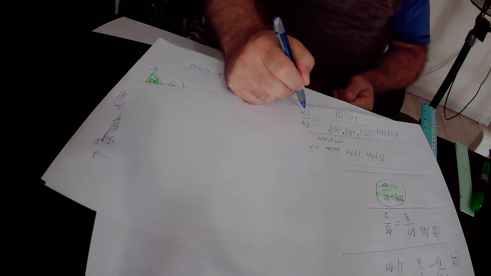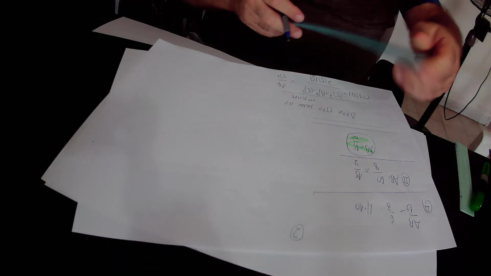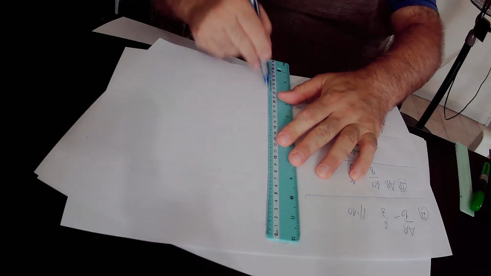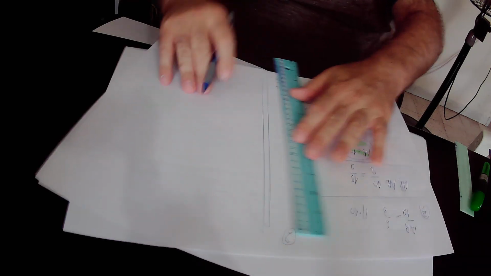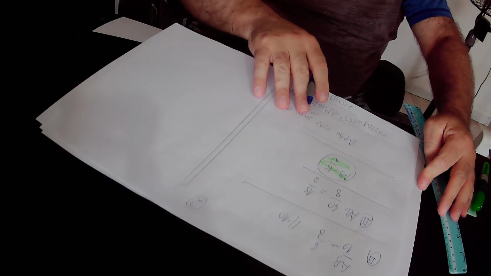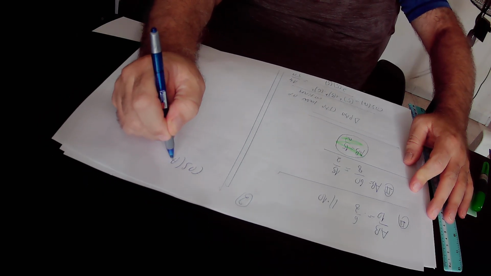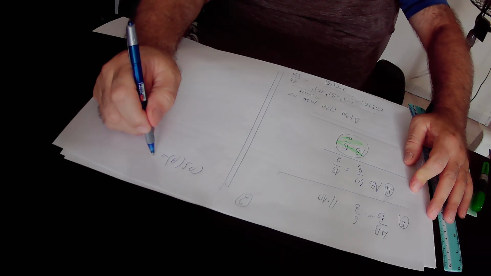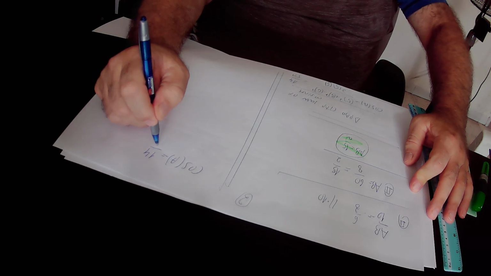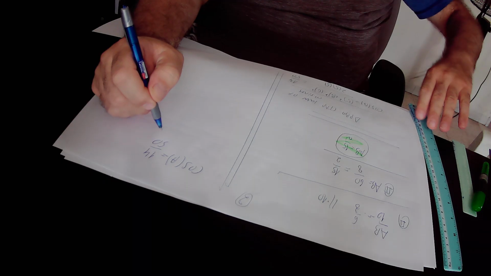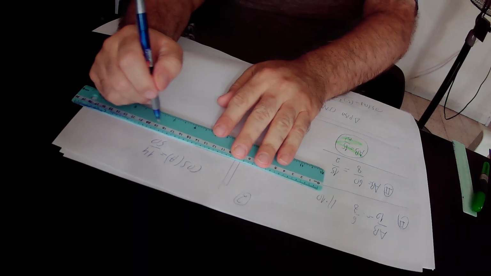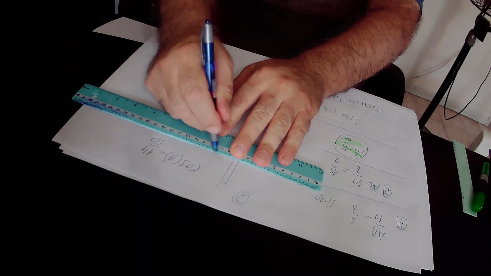So in total, we found out that cosine theta equals 14 over 50.